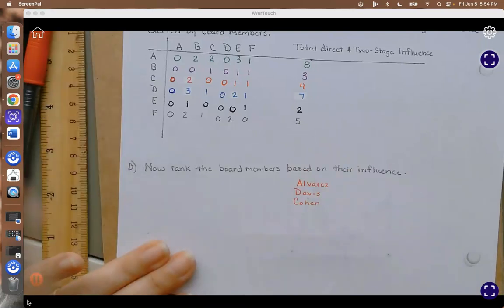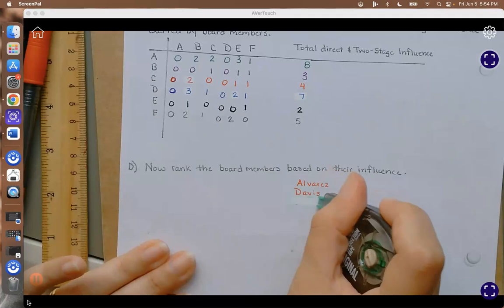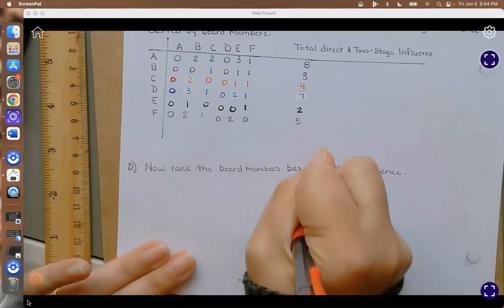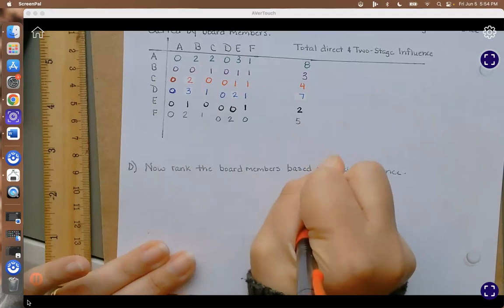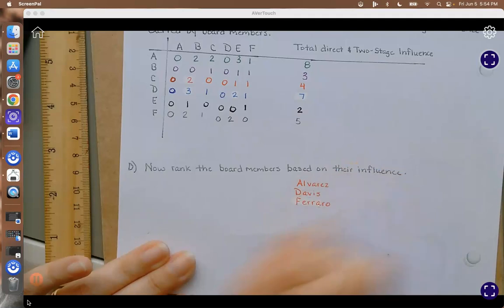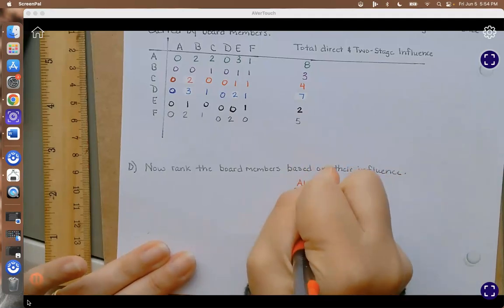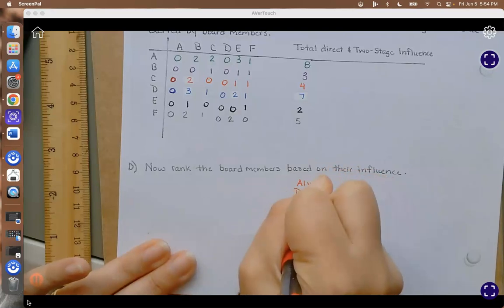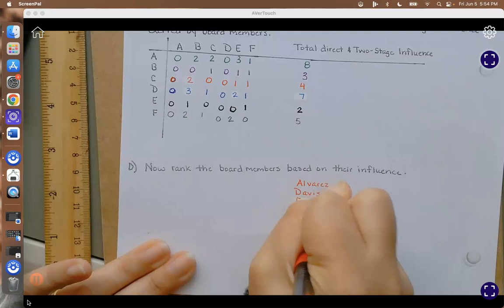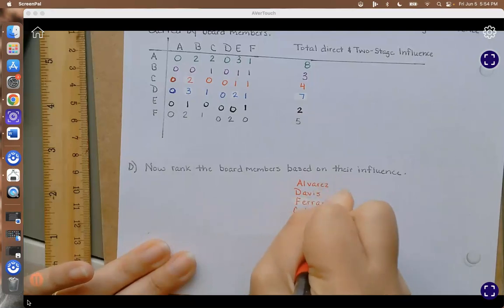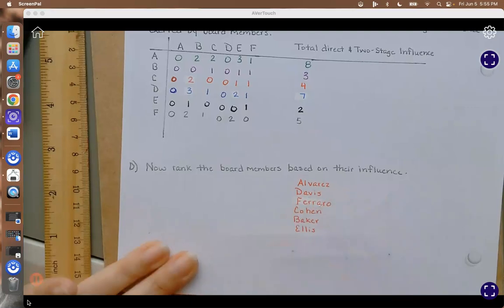I'm telling you what, guys. Sorry about making so many mistakes today, but at least they're little ones. Ferraro. Then Cohen. Then Baker. The person with the least amount of influence is Ellis.